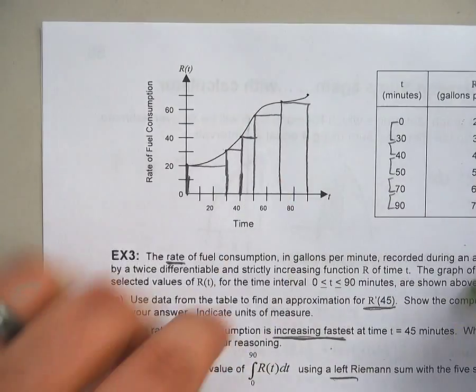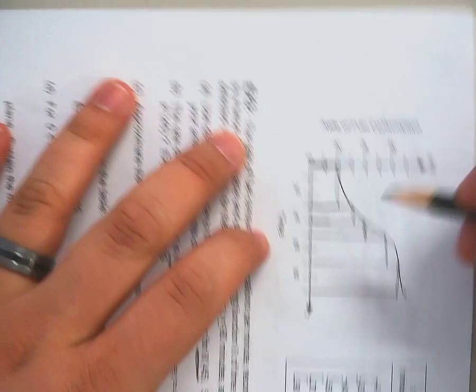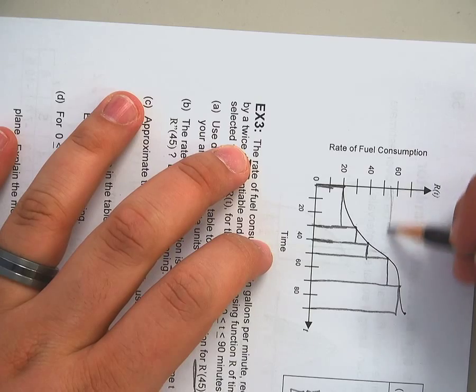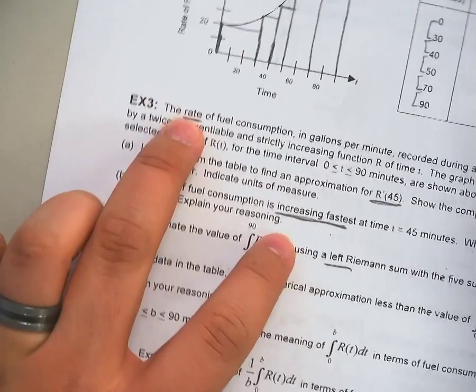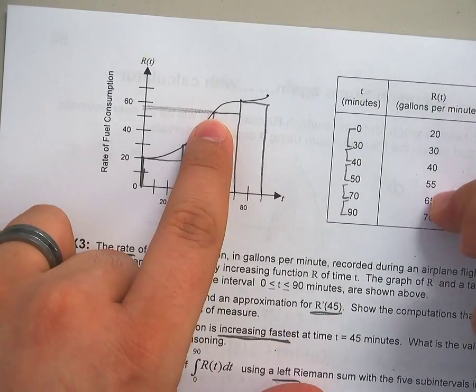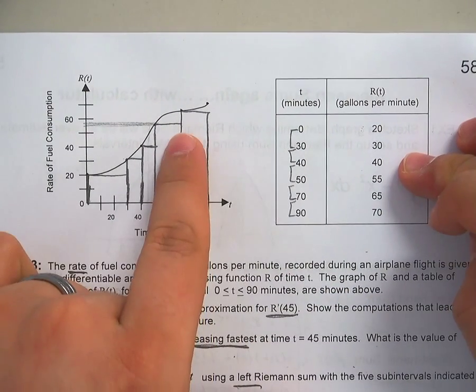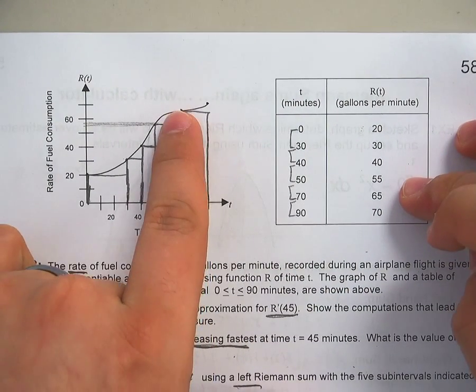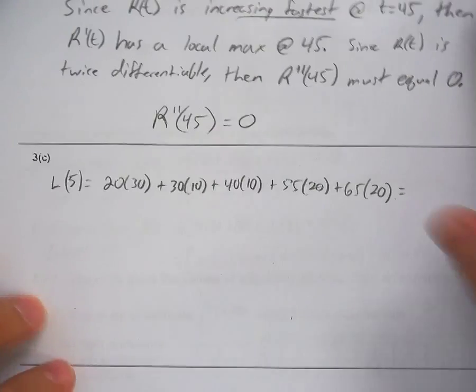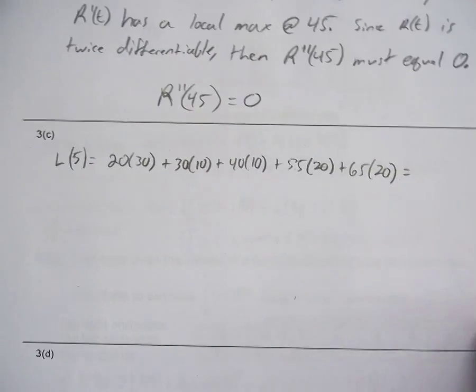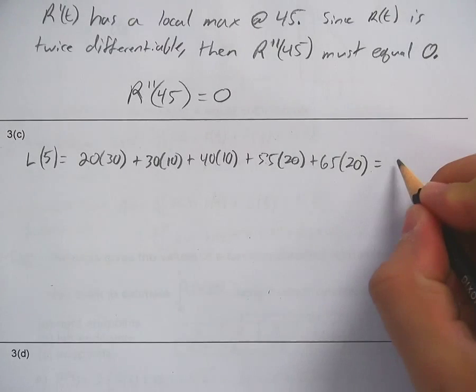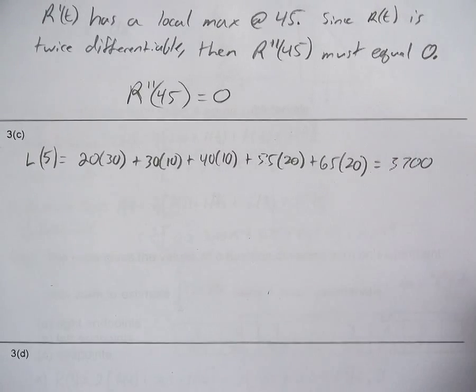Notice these points are all given here. Alright, I'm using all my y values, and then my last one here is 65, and that one is 20 units long. So I'm finding the area, just multiplying and adding up all the rectangles. And it happens to be 3,700.